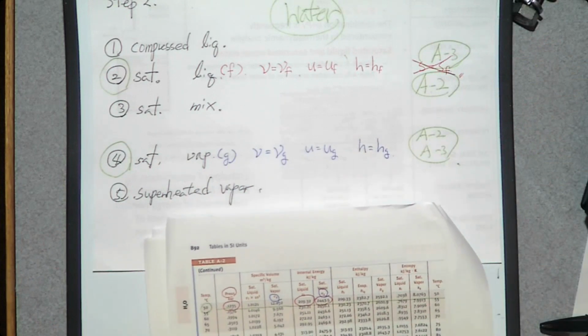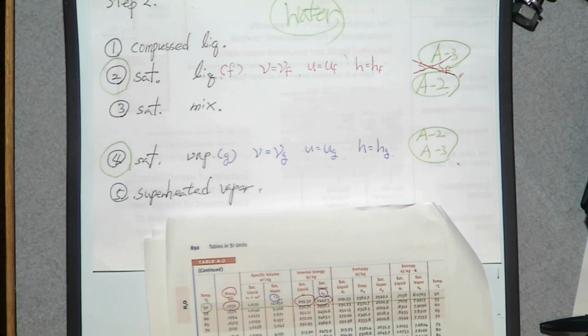What about if you have a saturated mixture, phase change process number 3? Saturated mixture means you have a saturated liquid and saturated vapor at the same time. But there are many different saturated mixtures.